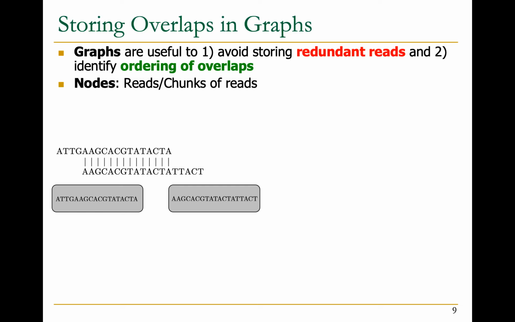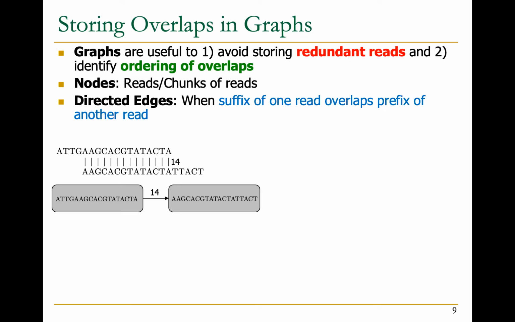So we have a node for each read. We also know that these reads may be overlapping, so we use edges to store the fact that if two reads are overlapping, we create an edge between them to store the information that there is an overlap between these two reads.